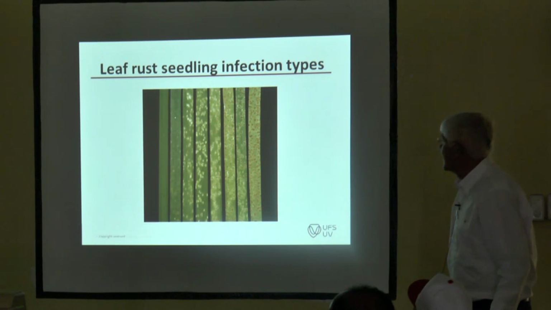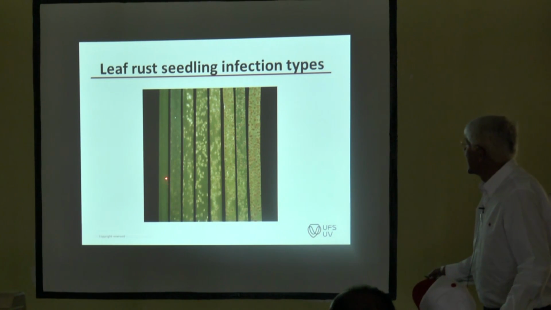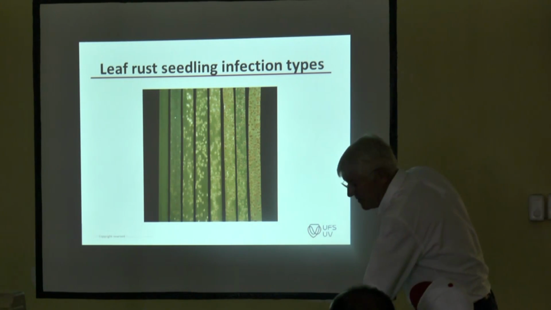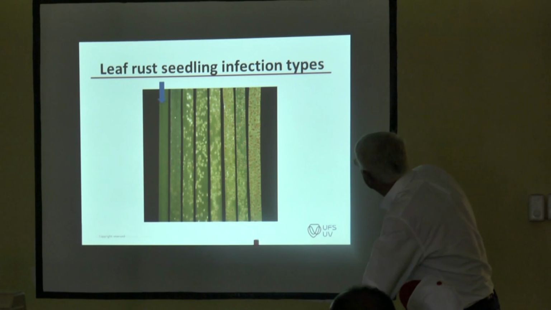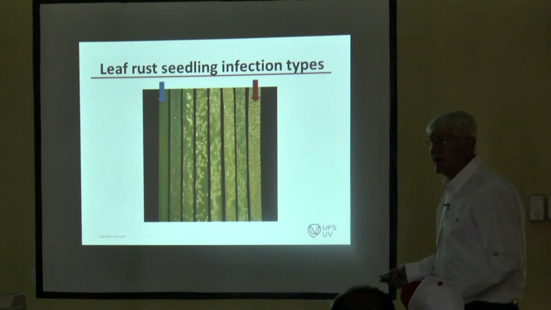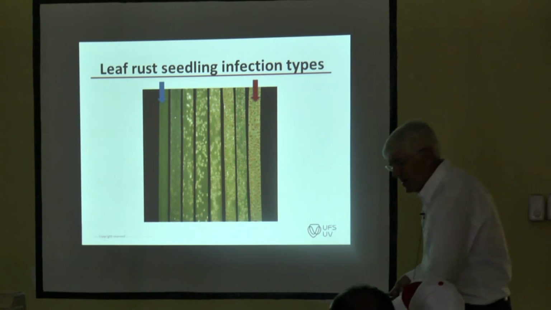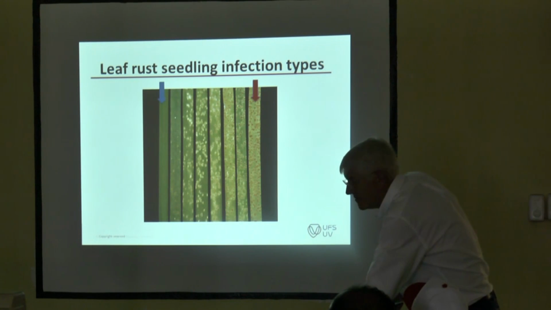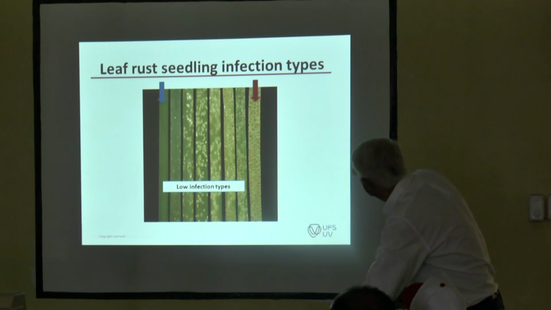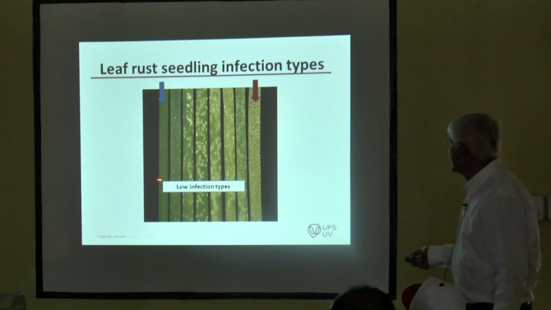Leaf rust, very similar, although the pustules are much smaller. Again, starting from almost immunity on the left, and the 4, or the susceptible one, on the right. In this slide, I do not have an X, but you also get the X for the Puccinia triticina system. Low infection types, I think, are more clearly defined.